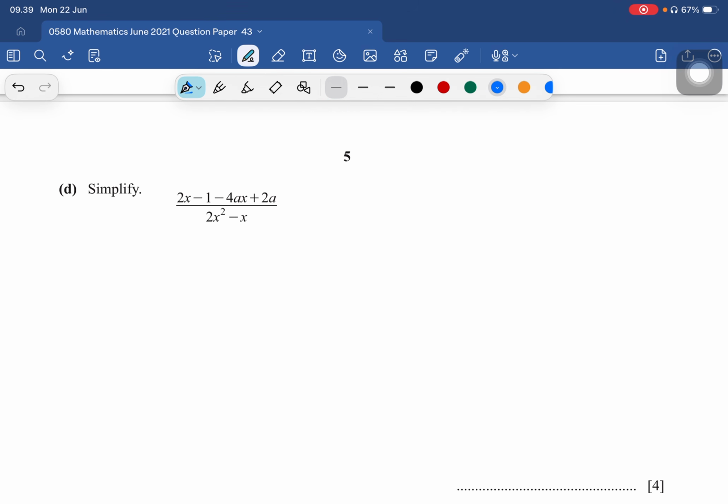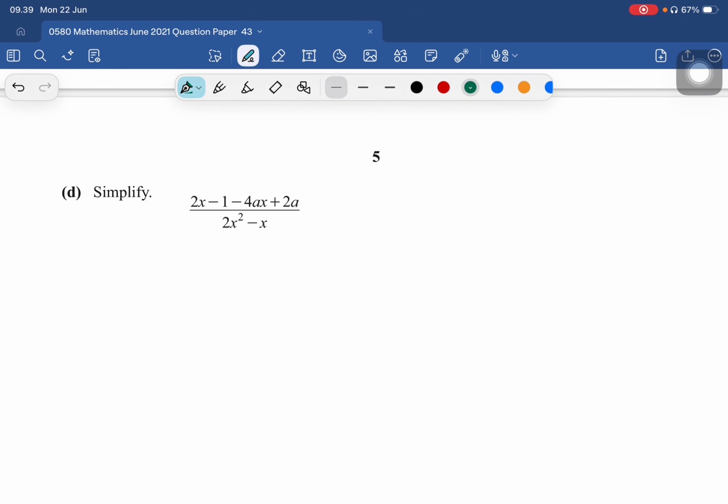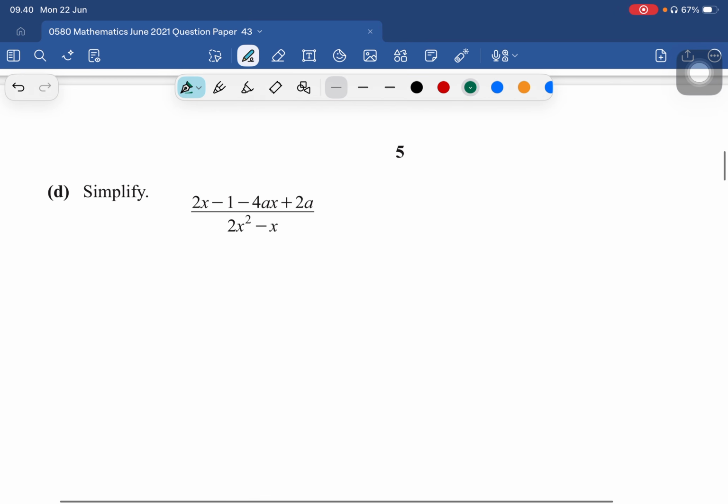Okay, simplify. Let's collect the terms. Here we can take out x, so this is 2x minus 1.